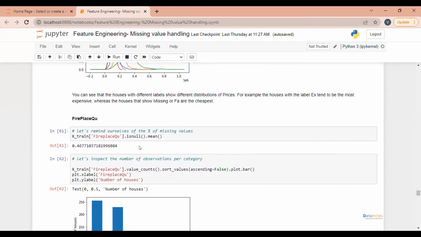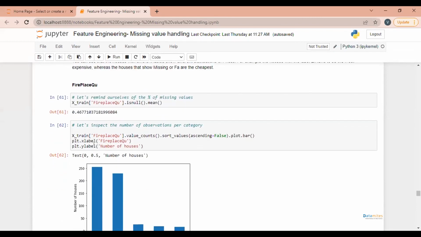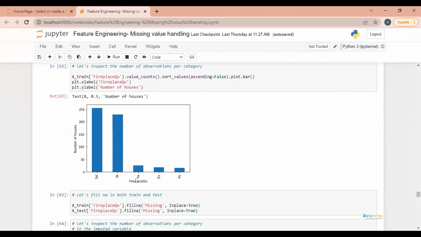Let's go for missing category imputation for higher percentages of missing values. We have taken fireplace quality, and here we see that 46% of our data is missing. Again, we'll see the different categories.